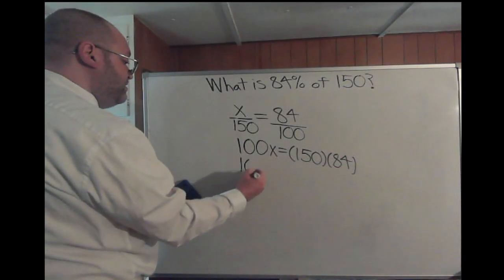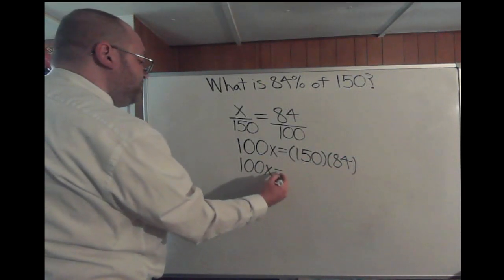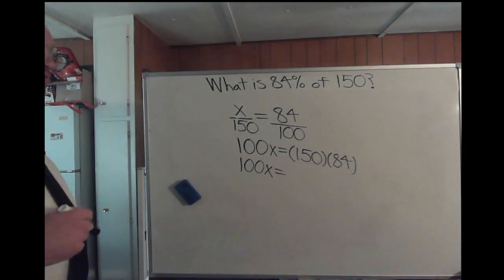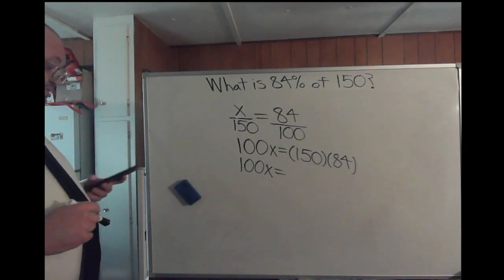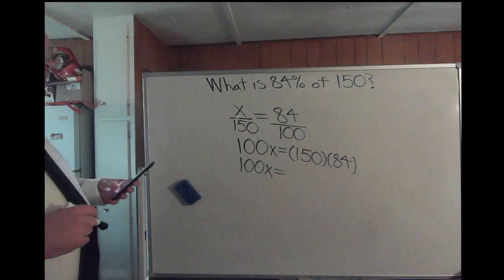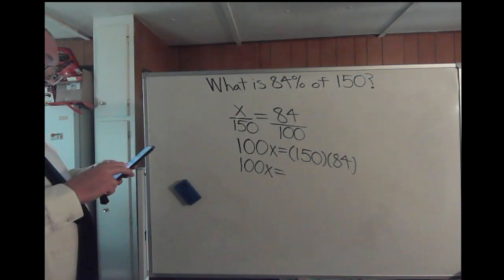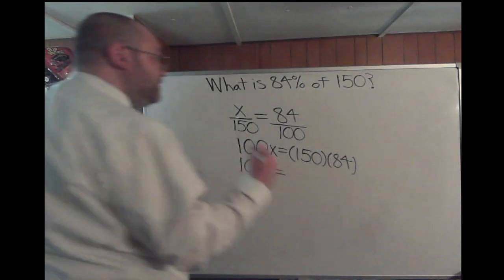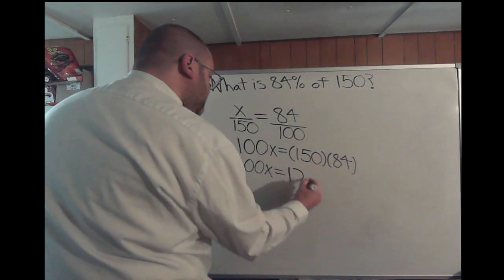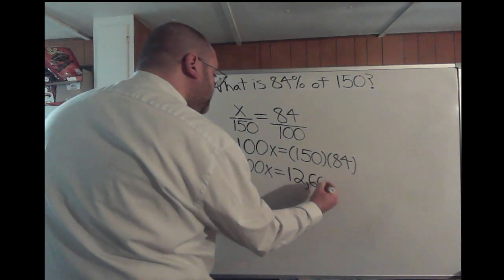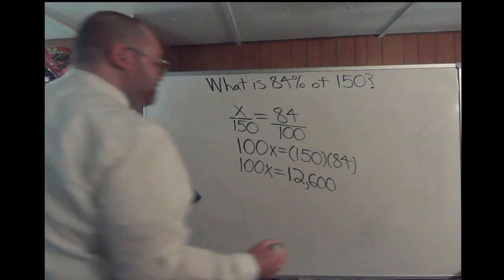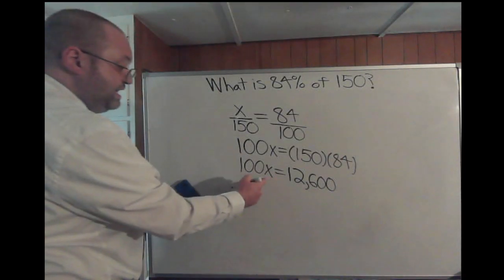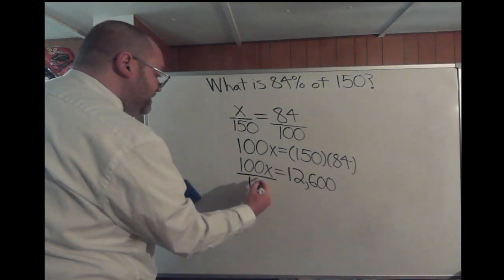So then you'll have 100x is equal to whatever the result of 150 and 84 is when you multiply them, which I'm about to do right now. So 150 times 84, that's 12,600. You'll get 12,600 for your result. Well, we want to get x by itself, divide both sides by 100.